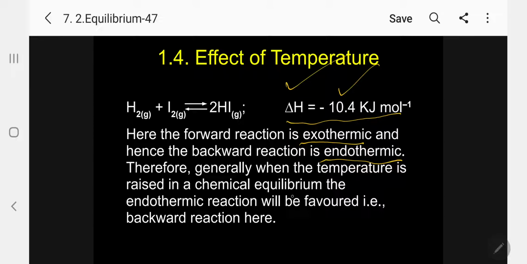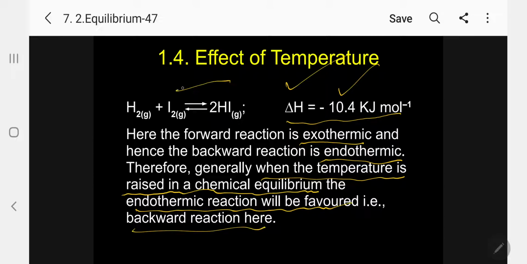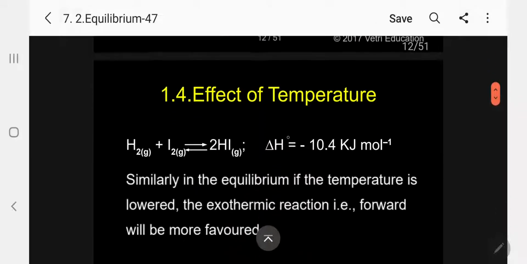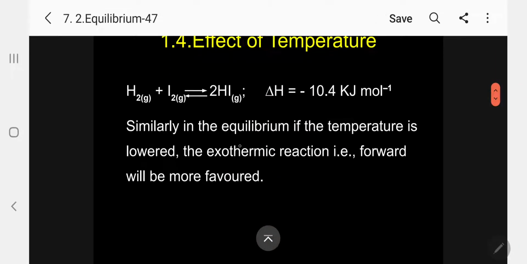Therefore, generally when the temperature is increased in a chemical equilibrium, the endothermic reaction is more favored. That means the backward reaction takes place, so decomposition starts at high temperature, while at low temperature HI will form. This is interesting information. Similarly, if the temperature is lowered, the exothermic reaction, that is the forward reaction, will be more favored.